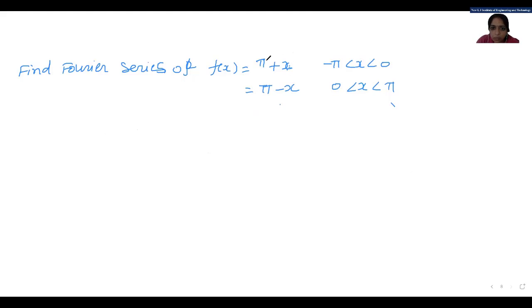You replace minus x in the first function and you get the lower function, or you replace minus x in the lower function and you get the first function. At that time, your given function is an even function.